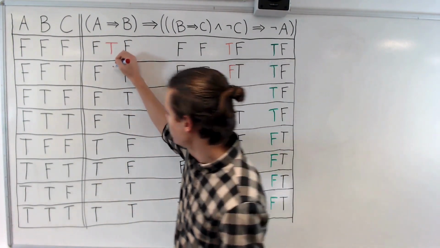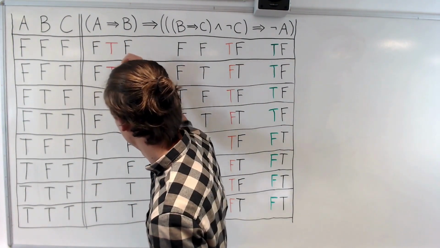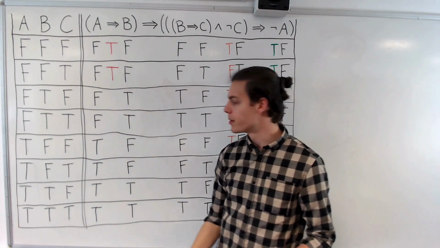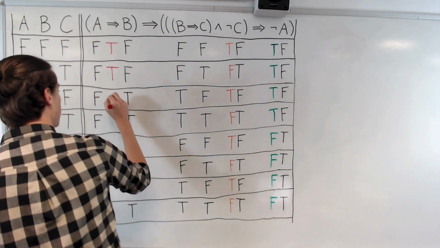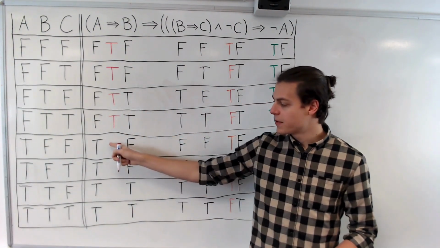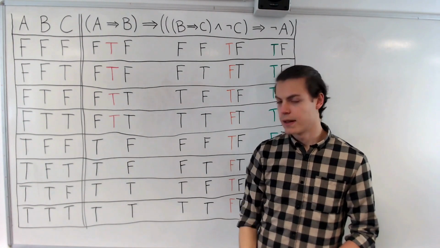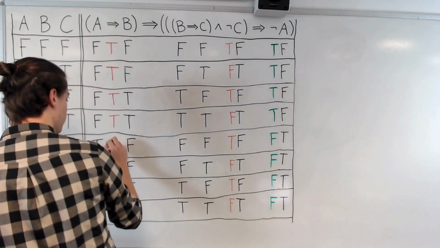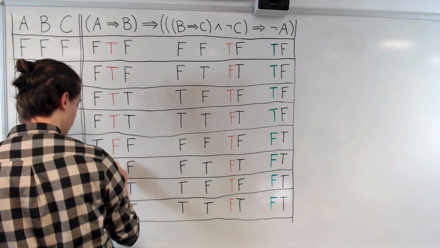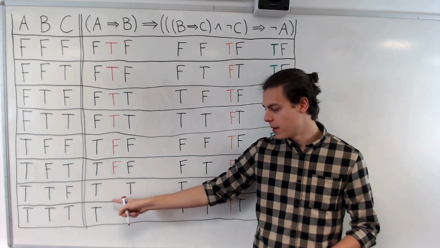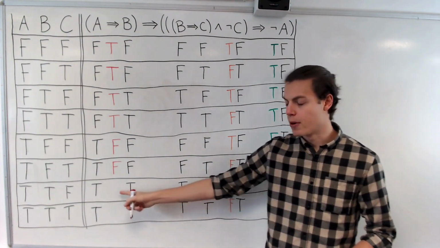And again. And then we have false implies true twice, both true. Now we have true implies false twice. And remember, in this case, this is false. And finally, we have true implies true twice, and both of these are true.